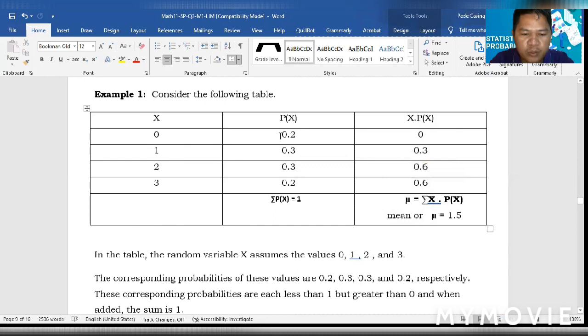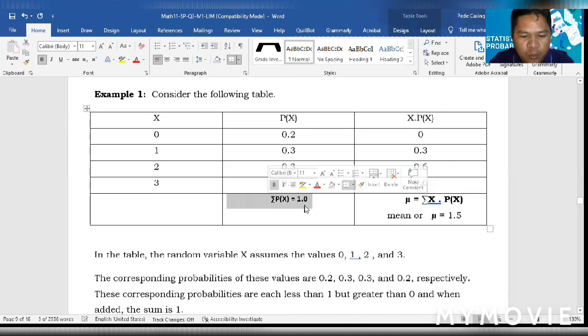So when you solve or add the probability here, 0.2 plus 0.3 plus 0.3 plus 0.2. So we have 2, 3, 5 plus 5, 10. That is 0, carry 1, naging 1.0. So meaning our probability is equal to 1. We get the sum of the total of the probability.